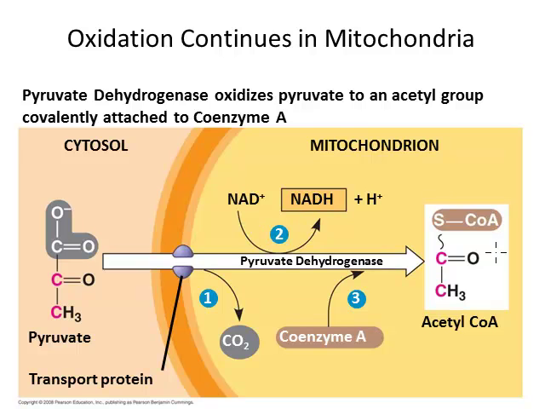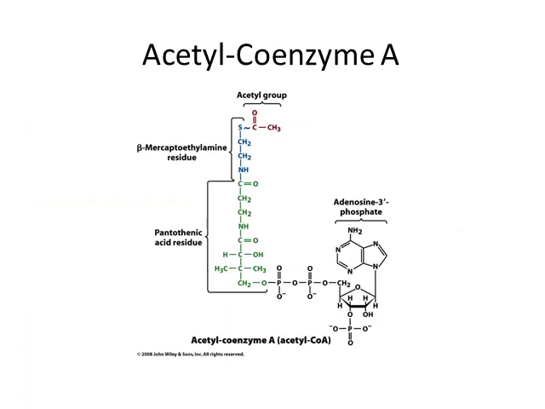The product of the reaction is a 2-carbon molecule called acetyl, which we see here on the right. This is what remains after a carboxyl group is cleaved off of pyruvate. As pyruvate is oxidized and cleaved to form acetyl, the acetyl product is simultaneously covalently linked to a coenzyme called coenzyme A, or CoA for short. Here's the structure of the acetyl-CoA molecule.